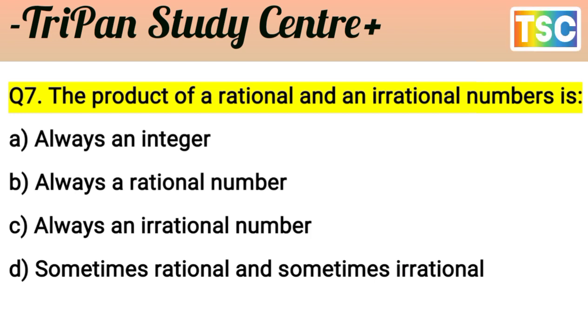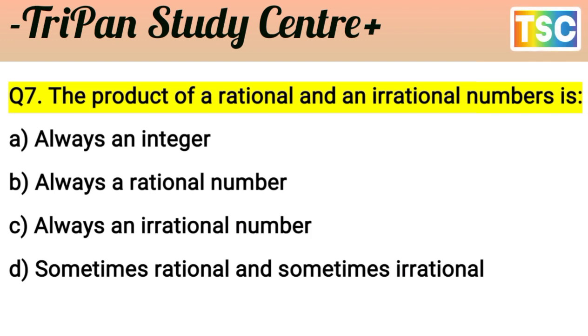Option B, always a rational number, is also wrong, because the product of a rational and irrational number is not a rational number. C, always an irrational number, is the right answer. That is right.